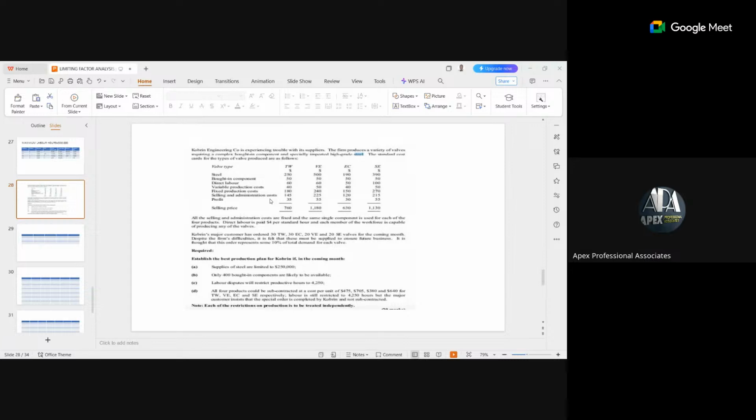Take note, underline this point again. It is thought that this order represents some 10% of the total demand for each valve.